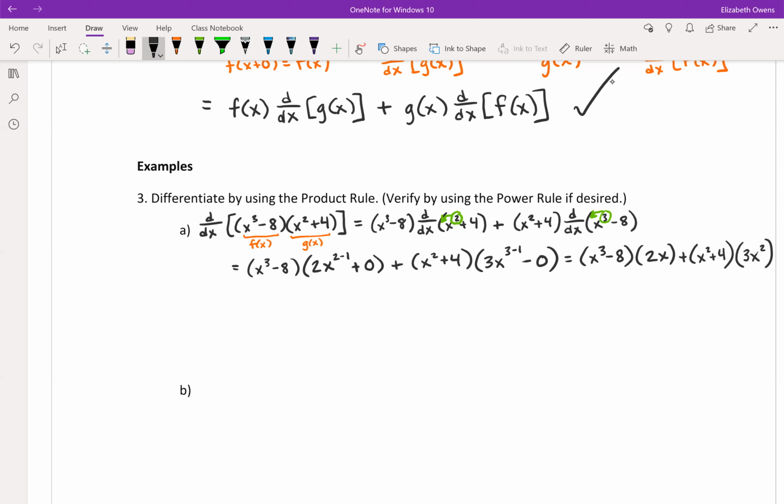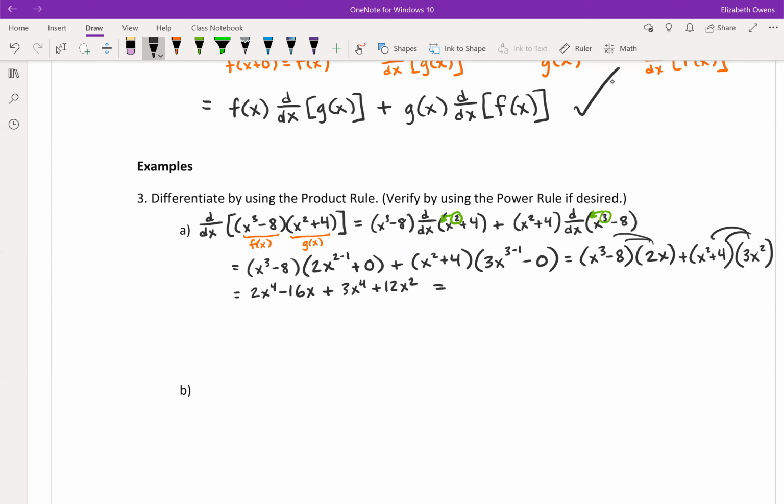Let's distribute out here because it looks like there could be some common terms that we could combine. So if we distribute, we have 2x to the 4th minus 16x plus, distribute, 3x to the 4th plus 12x squared.